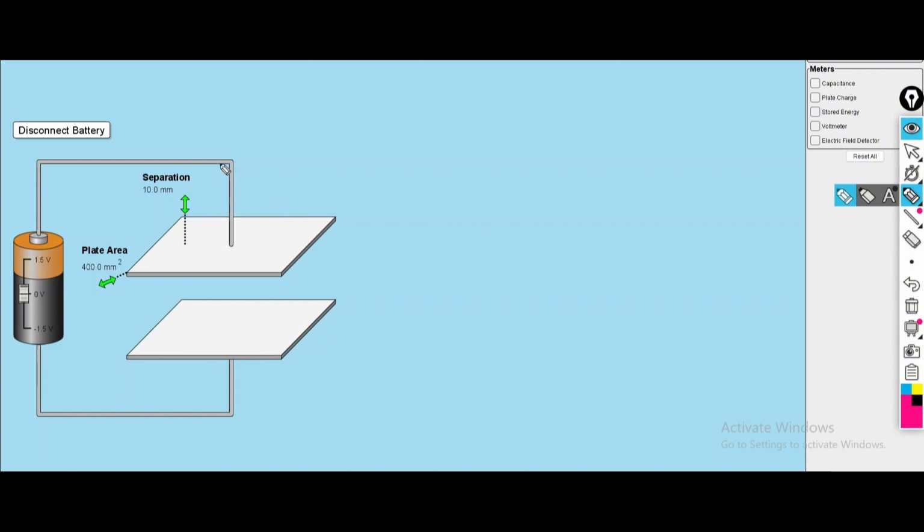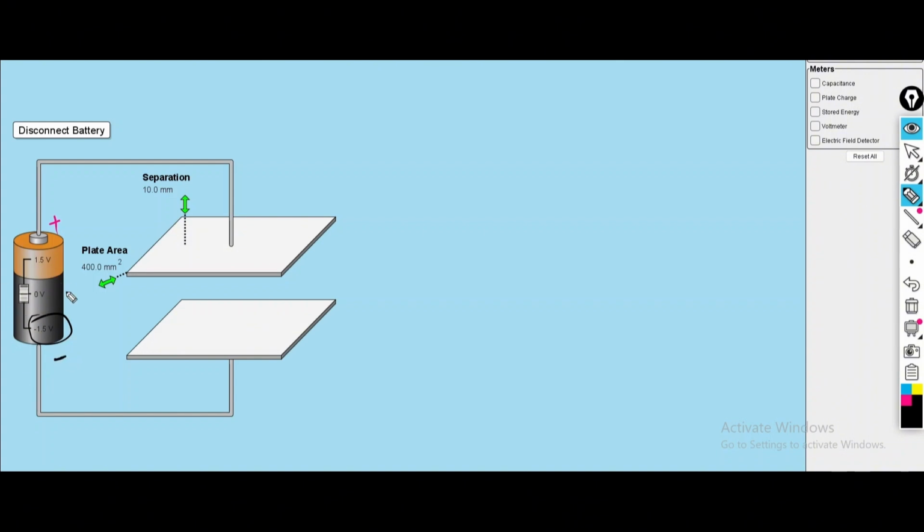This plate is connected to the positive terminal of the battery, and similarly this plate is connected through a wire to the negative side of the battery.